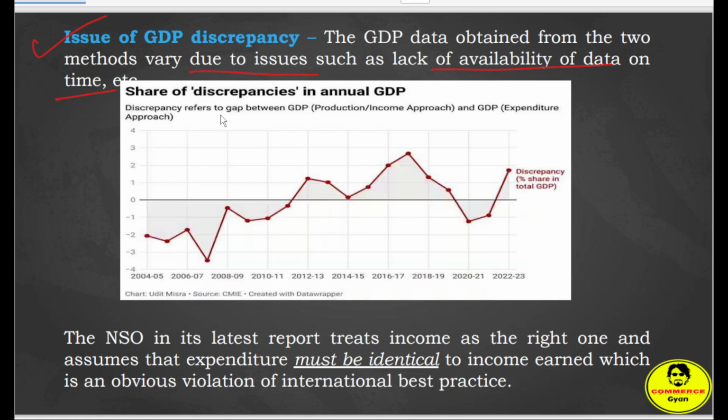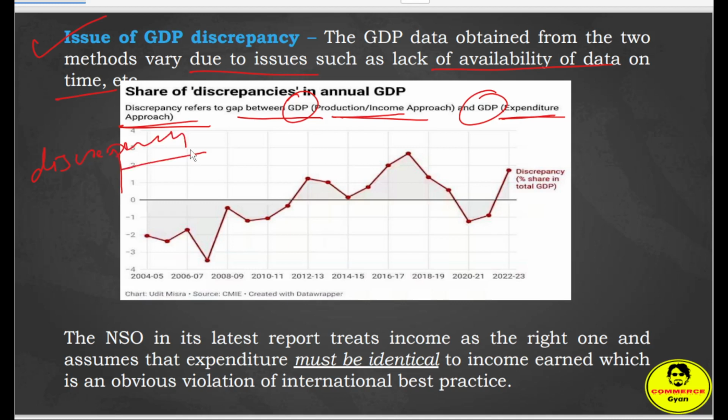For example, the discrepancy refers to the gap between GDP from the production and income approach, and GDP from the expenditure approach, right? So when we get data from different sources, one from the production side and the second from the expenditure approach, in that case it creates a discrepancy.